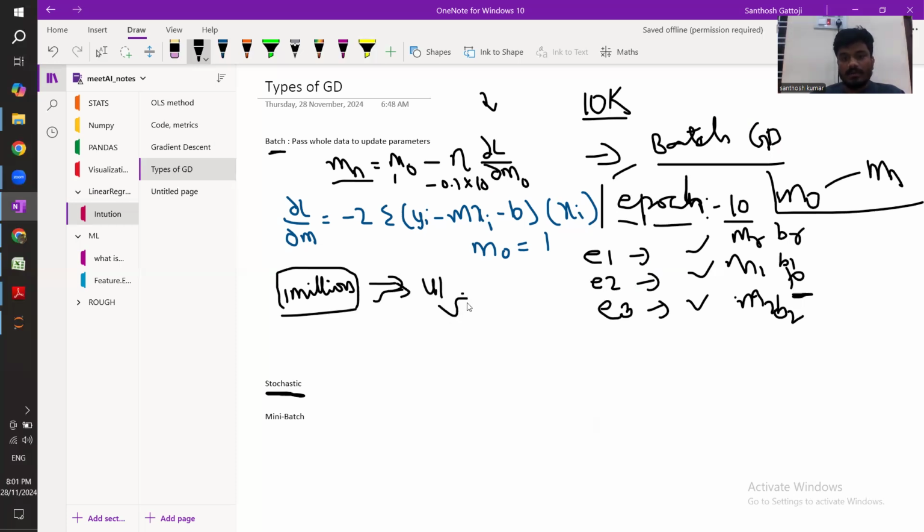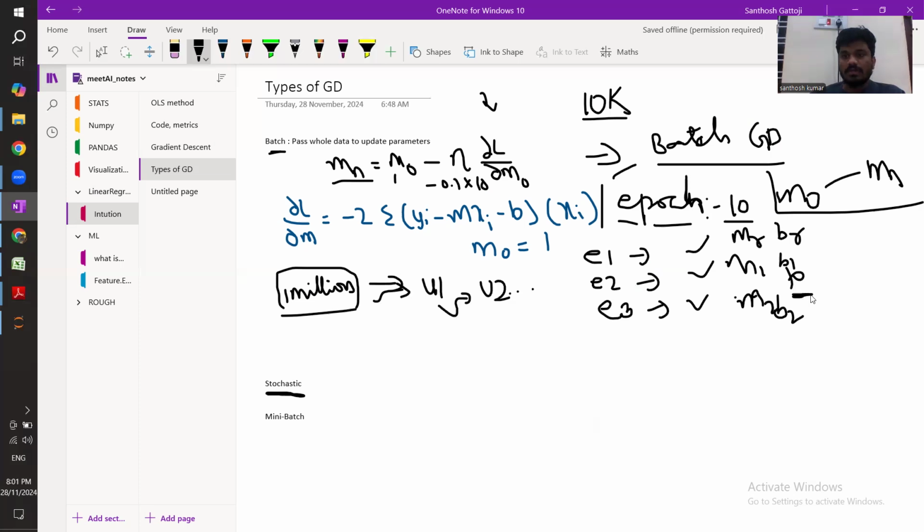Then again, the second epoch: again it will consider all the data points, calculate the loss of all the million points and then update twice. That means it is so time consuming and resource consuming, right? And in practice, we are not sure how many epochs it will take. We don't know when it will converge.